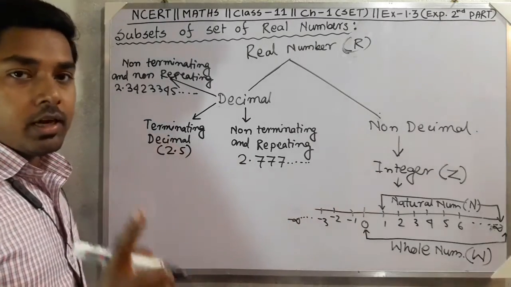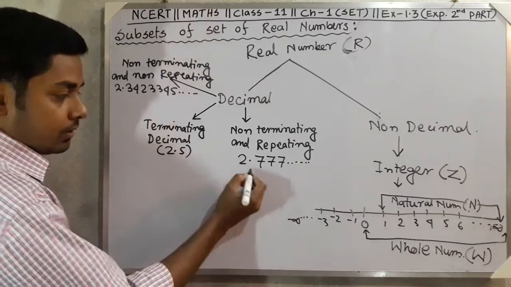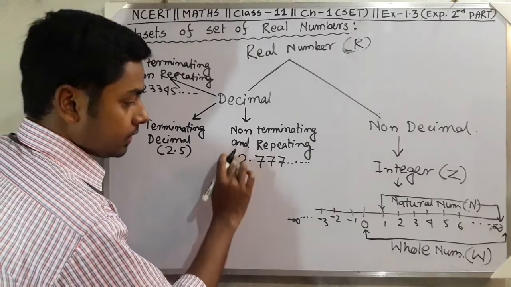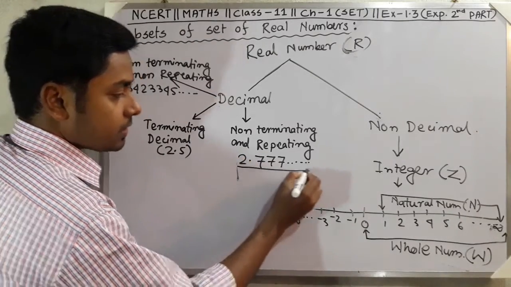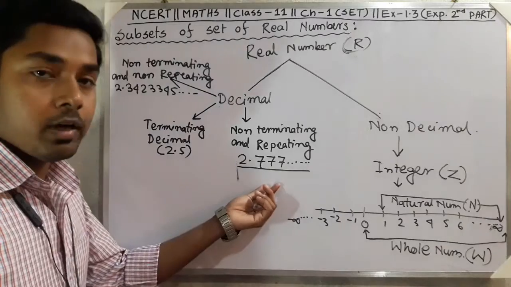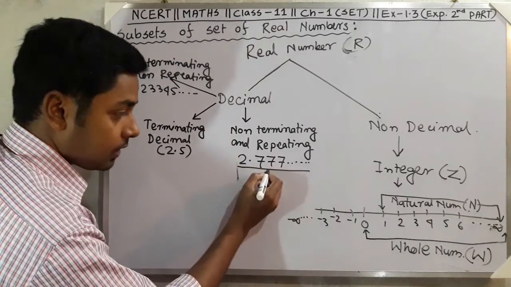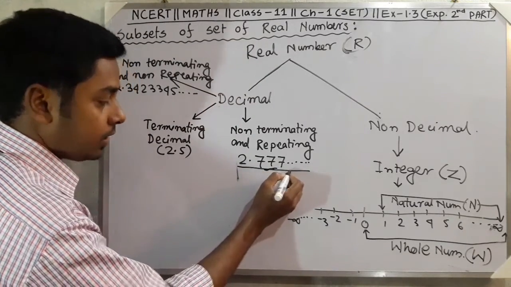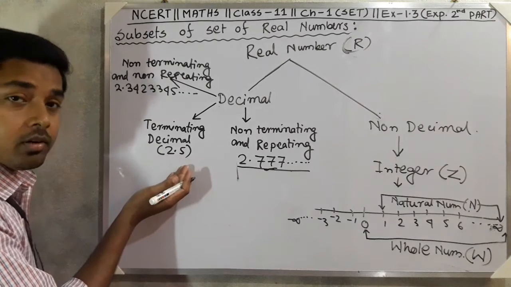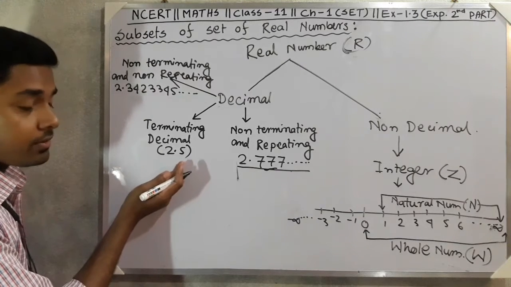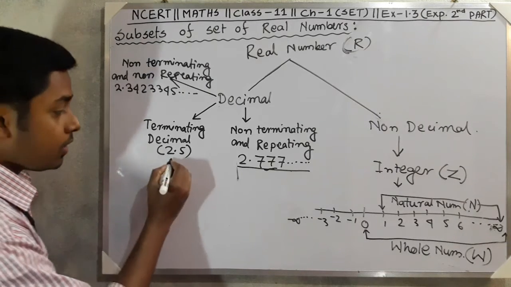So in class 9 already we have done what? This type of things we can express in the form of a by b. That means this is what? This is rational number, and this is rational number. We can easily convert in the form of a by b.